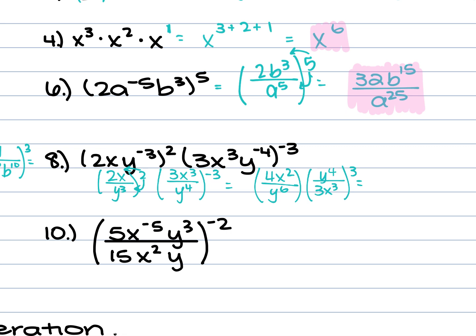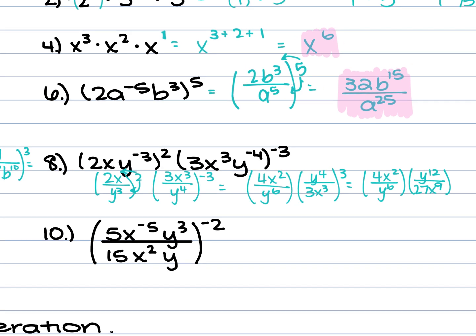So this gives us 4x squared over y to the 6th power times, we're raising each the numerator and the denominator of that y to the 4th power over 3x cubed to the 3rd power. It's going to give us y to the 12th power over 3 to the 3rd power is 27. X to the 3rd power raised to the 3rd power is x to the 9th power.